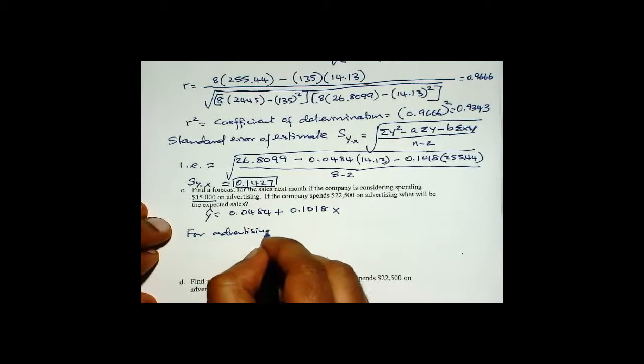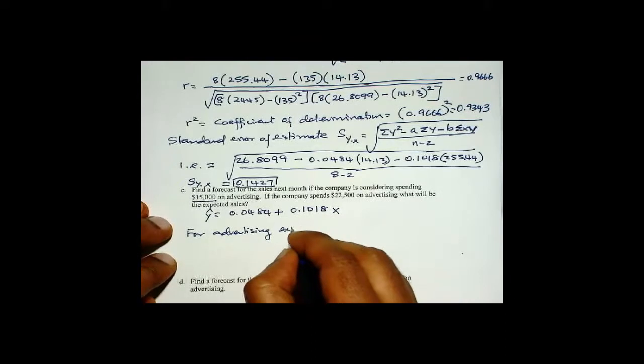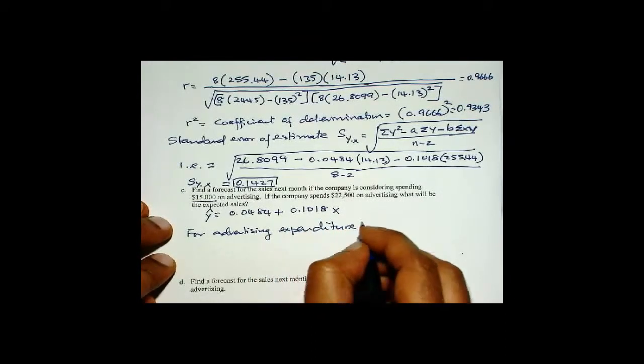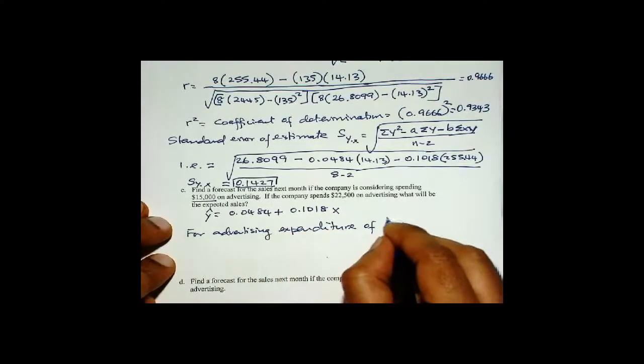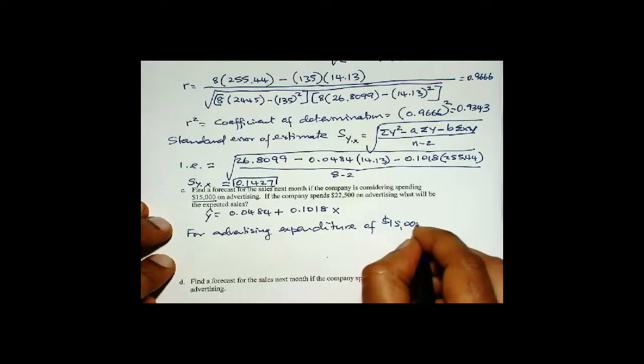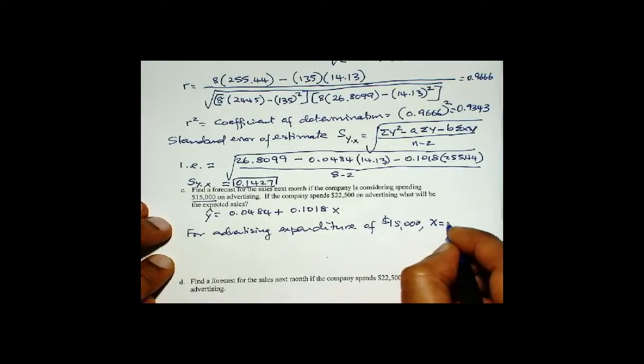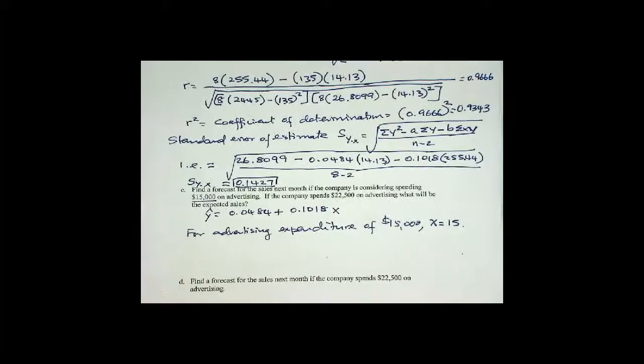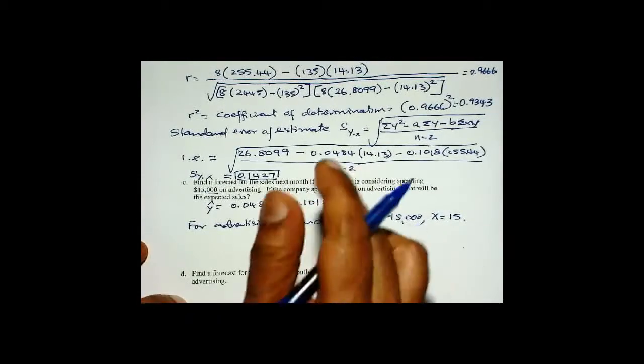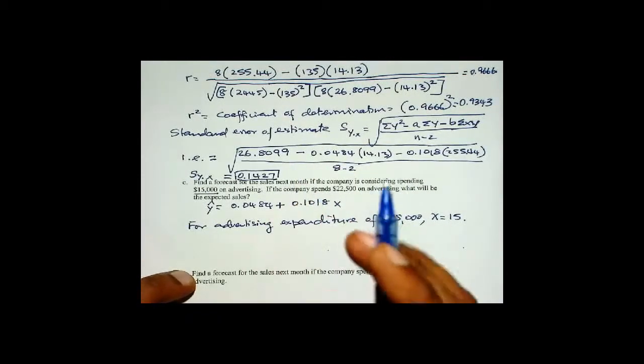So for an advertising expenditure of 15,000, x is 15. Okay, x is not 15,000. If you put 15,000 into x, then you will get the wrong answer.